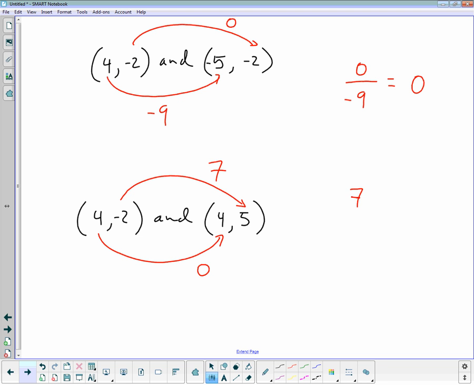Now, 7 divided by 0. Think about that. This is why it doesn't make sense. Think about it this way. I have 7 candy bars. I walk into an empty room, and I give everyone in the room the candy bars.